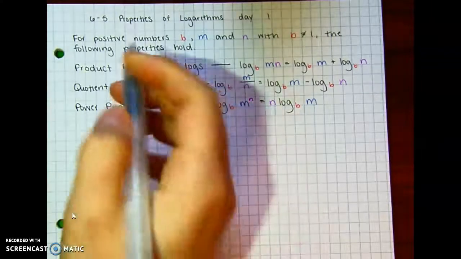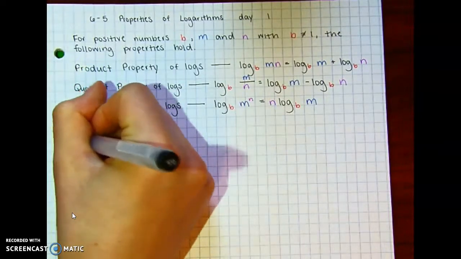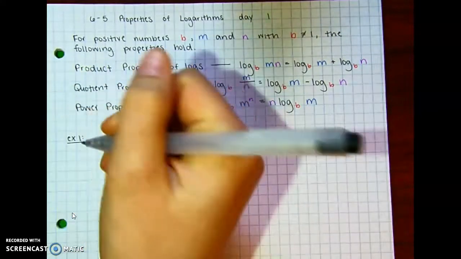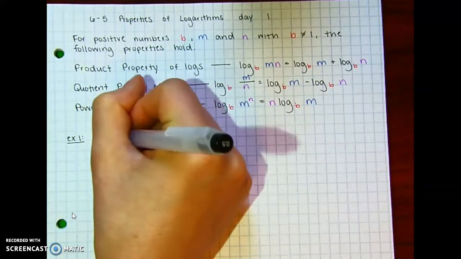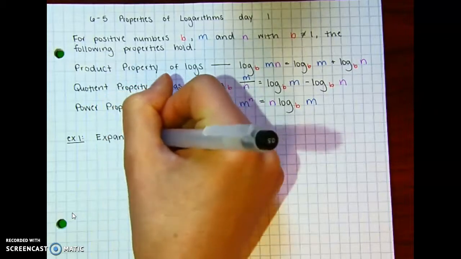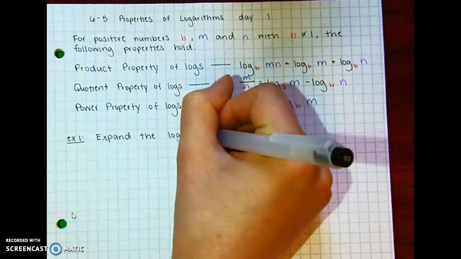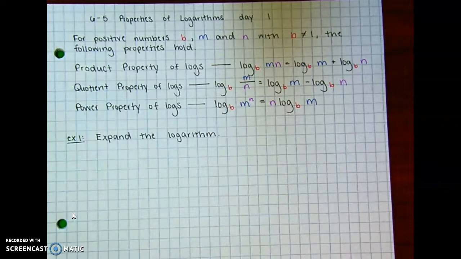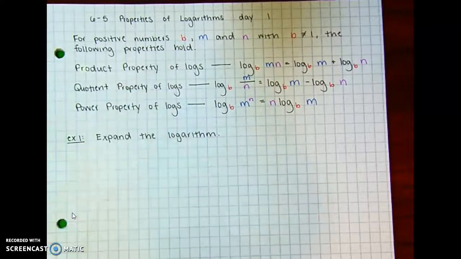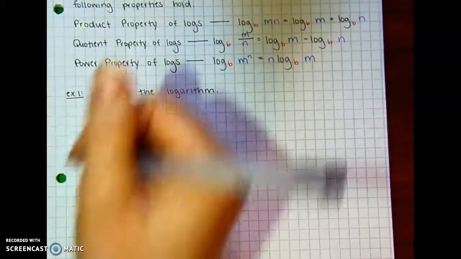So for the first set of examples, I want us to expand the logarithms. We don't want exponents, we don't want radicals, we want to expand it as much as we can, and we're going to use these properties as well as other properties that we know from previous chapters.